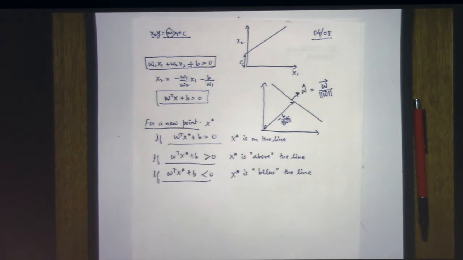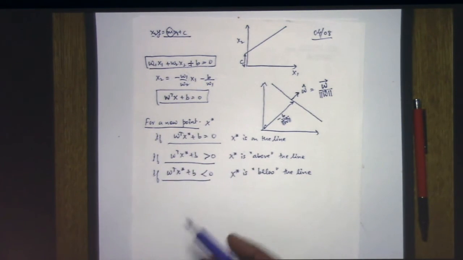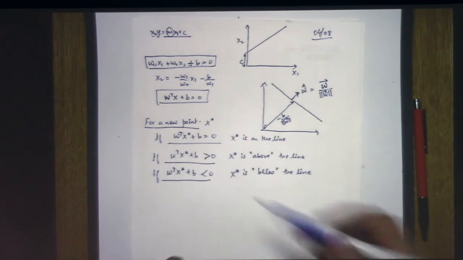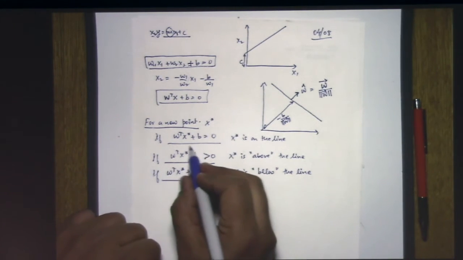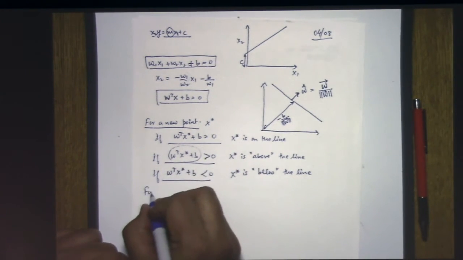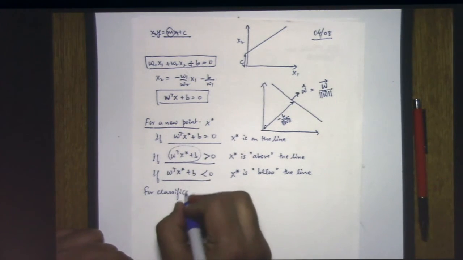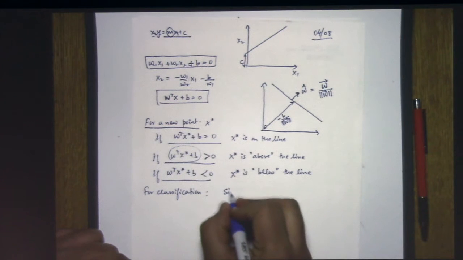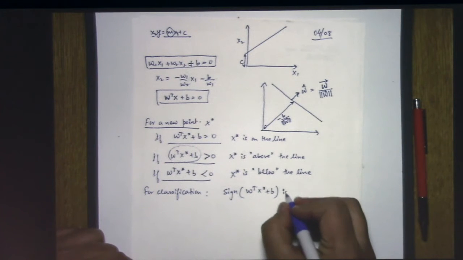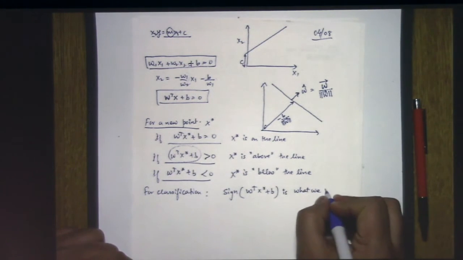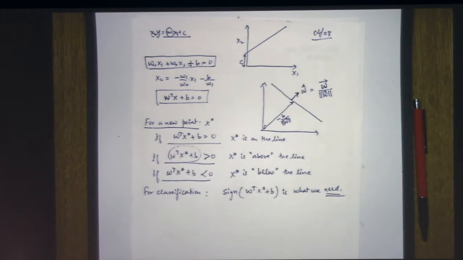So now if you know the line, you essentially have a classifier, because you can take a point, compute this, and the sign of this value will tell you what class it is. So the sign is important. However, as I said earlier, for classification, the sign of W transpose x star plus B is what we need.